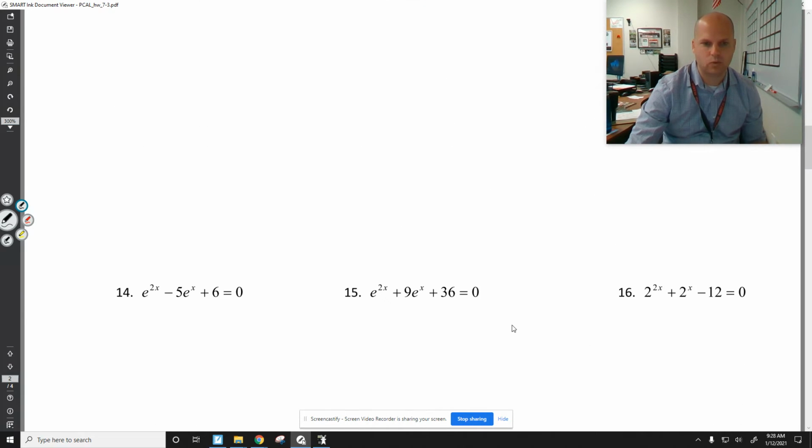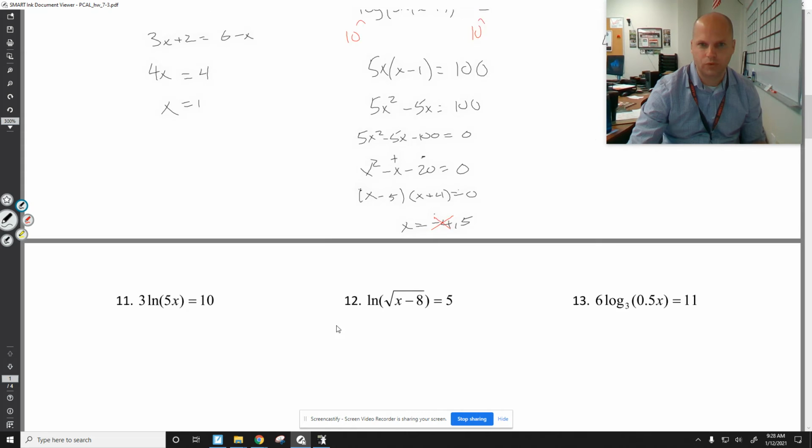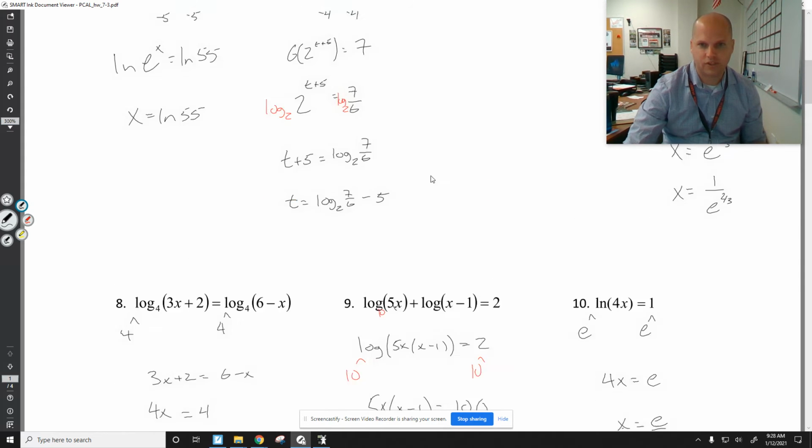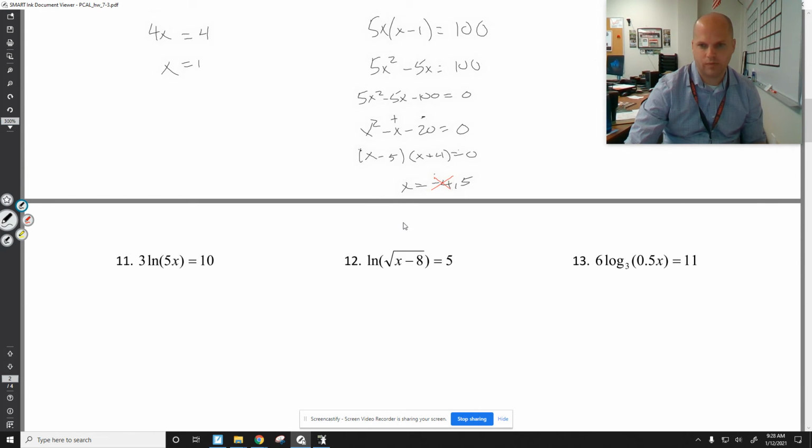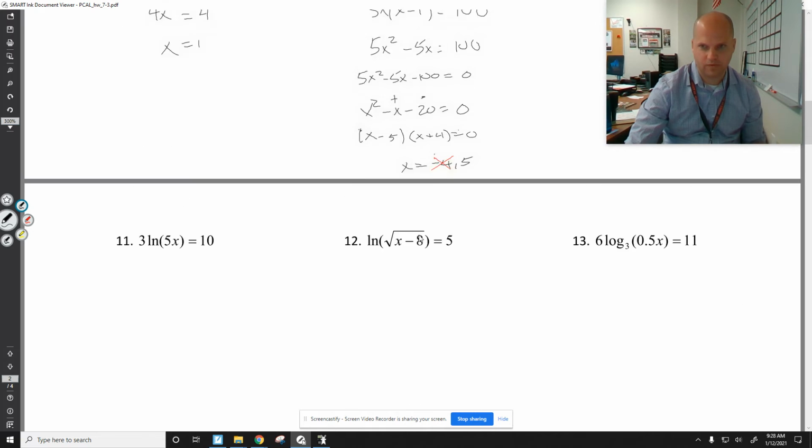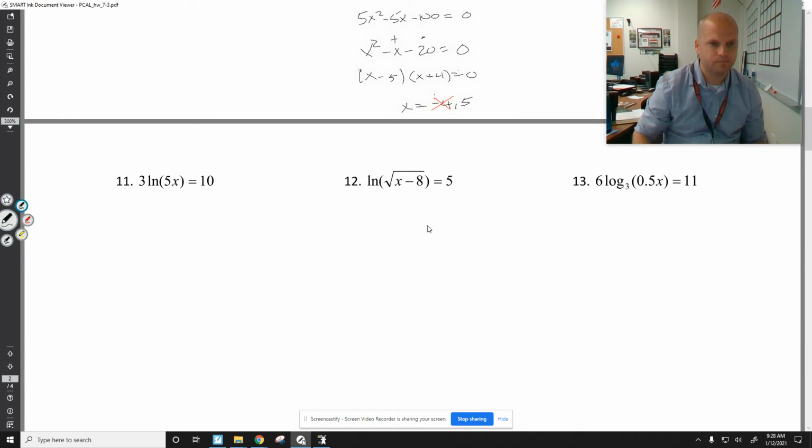Let's do 11, 12, 13, then we'll come back to 6, and we'll do 14, 15, and 16, which are similar to each other. So again, you can't get rid of this 5 because it's inside the log, whatever the log is. You can get rid of the 3. You get natural log of 5x equals 10 thirds.